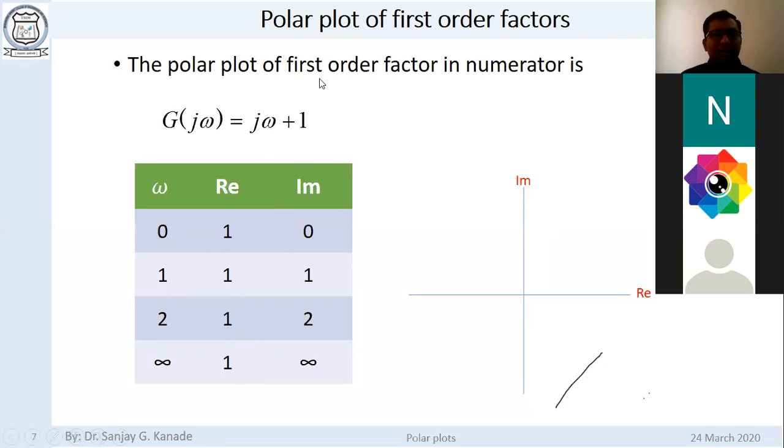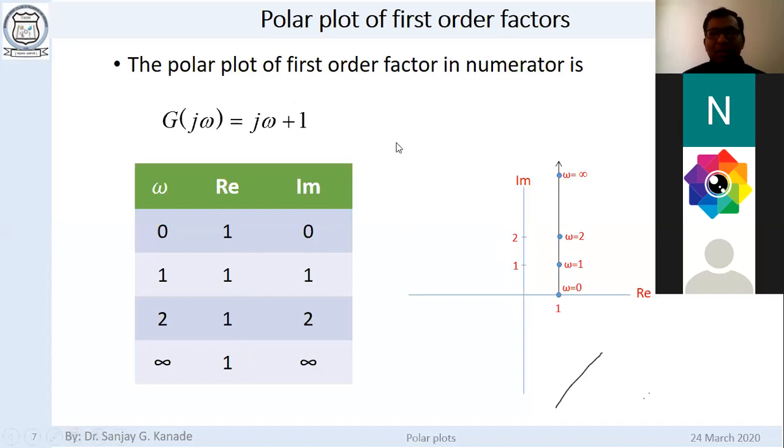Only the imaginary part changes. So it will be a line parallel to the positive imaginary axis, when the first order factor is in the numerator. This is clear up to this point.